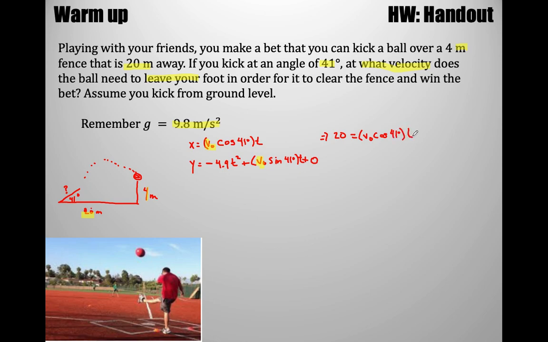But notice that that takes an equation, one equation now that I have. I can solve this for t. And then what's true about my vertical component? What do I want it to be equal to? At least 4.